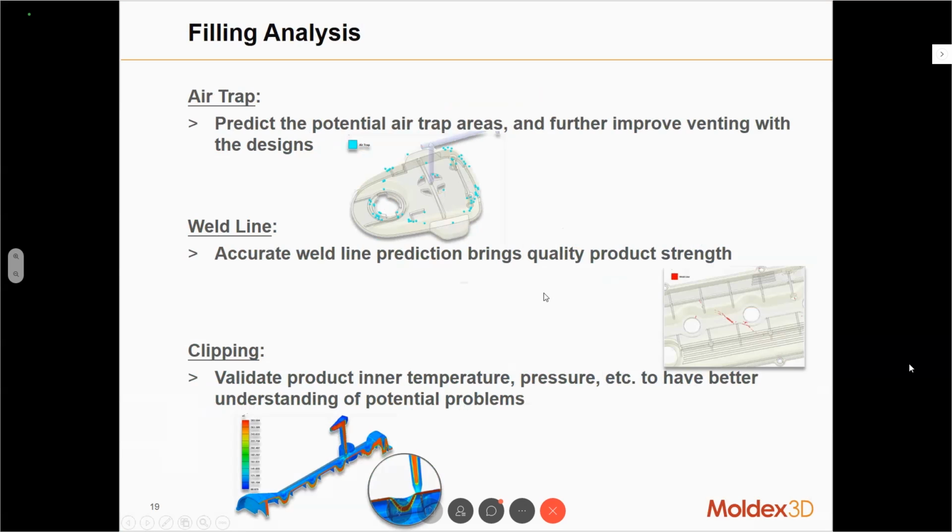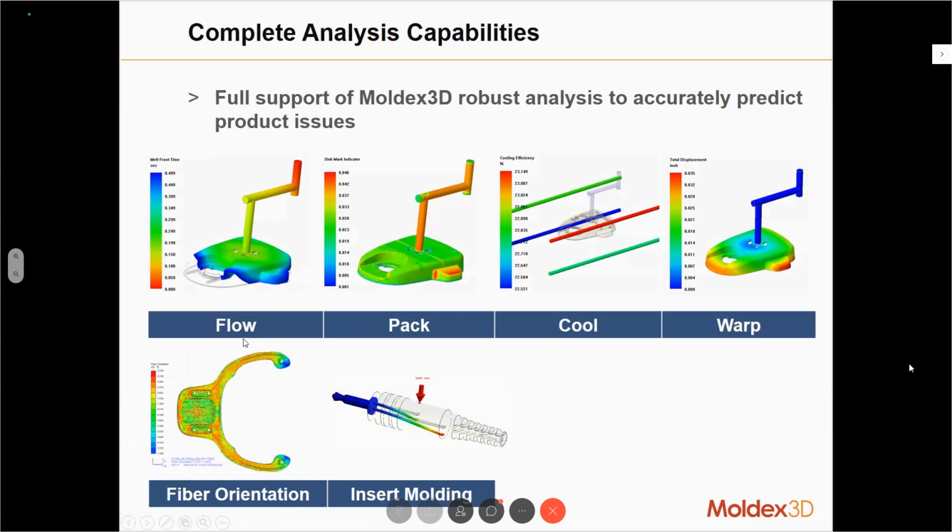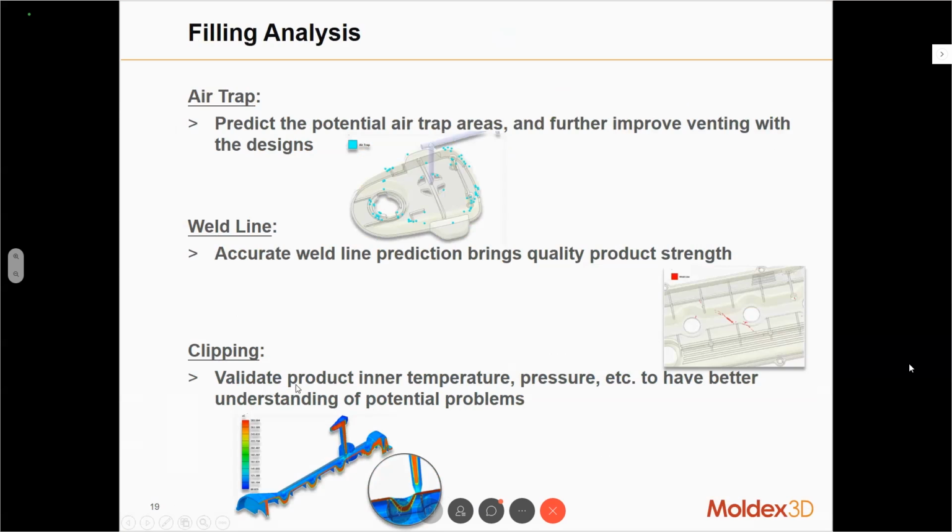We also have other weld line results, like weld line meeting angle and weld line meeting temperature, which also affect the weld line. And for the clipping, inside the part, maybe we are going to look at temperature, so we can use the clipping function to see inside the part.